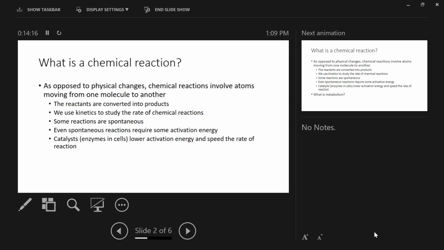The best way to answer that is going to be this. It is a process, comma, in which atoms change the molecule in which they are found.